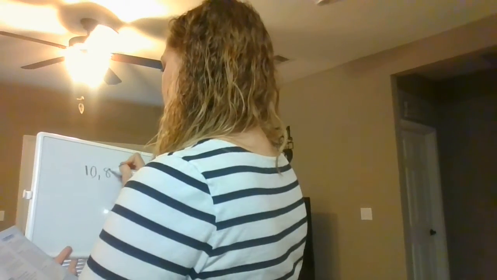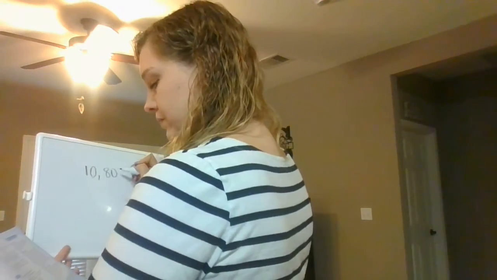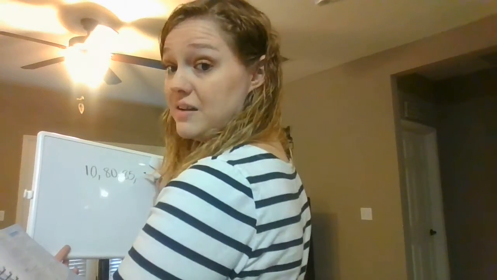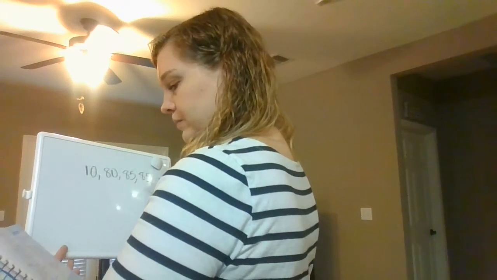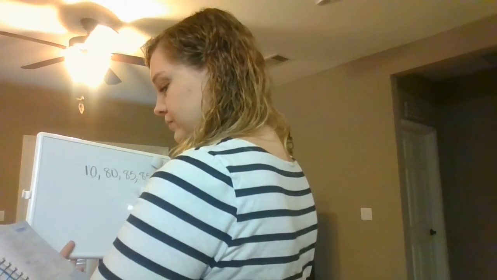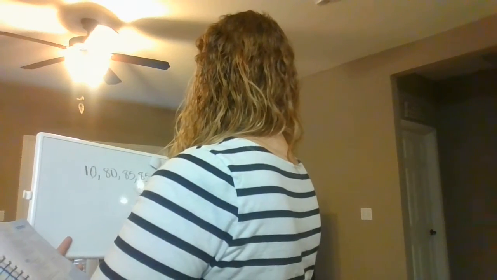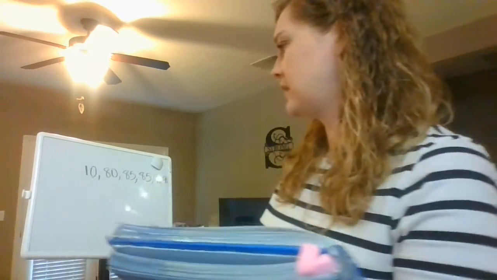Then we go 80. Then 85, but he had 85 twice, so we have to put 85 twice. Then we had 90 and 90 again. It's all squished on the end.